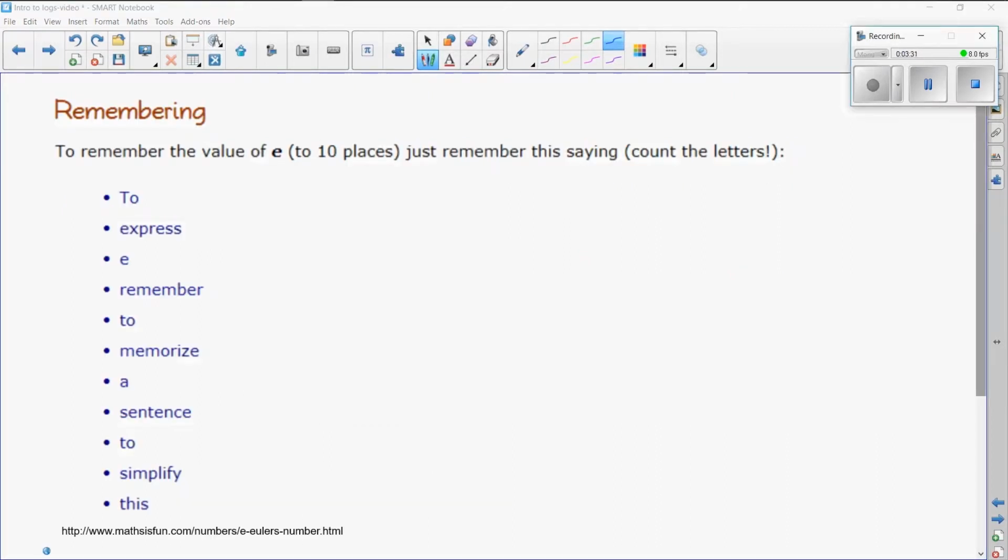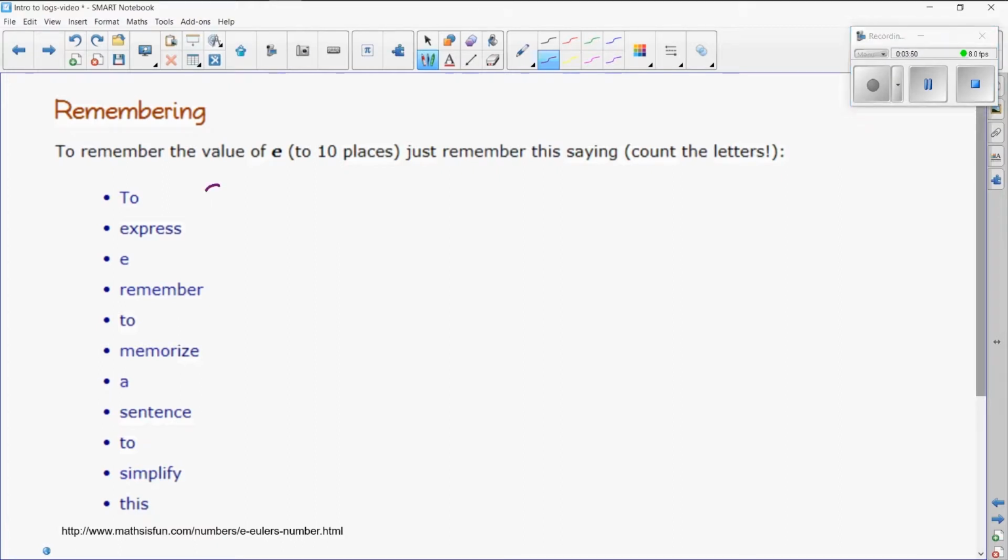I also went onto the Math is Fun website, and I found a lovely little rhyme to help you to remember the first 10 digits of e. So it says, "To express e, remember to memorize a sentence to simplify this." So we count the letters in the word.